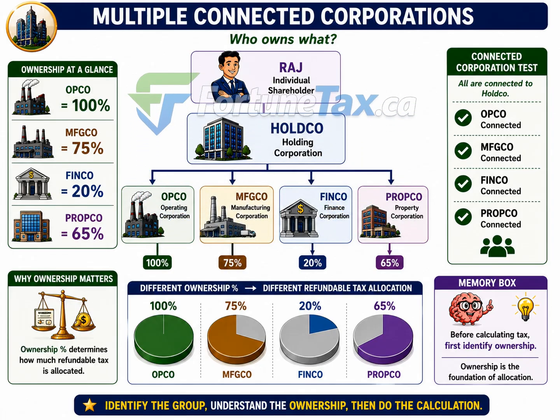Ownership is the foundation of allocation. Every calculation in the next step will be based on the ownership percentages shown in this corporate structure. Once we understand the group and the ownership relationships, we can begin calculating exactly how much refundable tax is allocated to Holdco from each connected corporation.